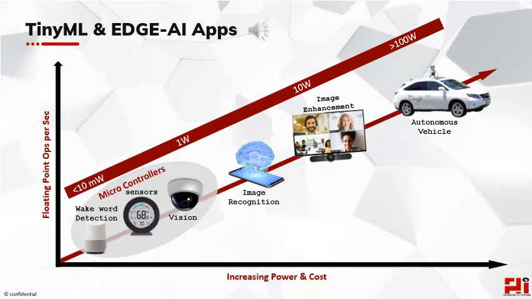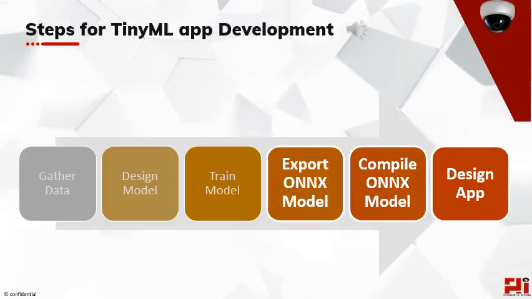Another popular TinyML application is predictive or prescriptive maintenance based on anomaly detection in industrial sector. Power consumption typically increases with increasing performance, resulting in increased cost. So, power and cost economics tailwinds TinyML applications, with headwinds caused by performance.